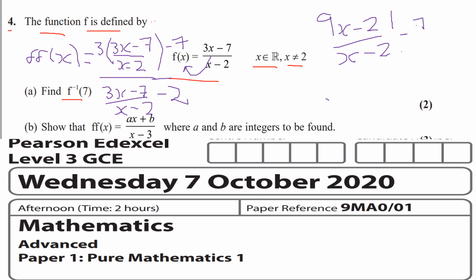But I'm going to write that 7 as 7 lots of x minus 2. If I'm not mistaken here, remember, we'll be adding negative 7 to minus 7 lots of this. So this actually becomes a positive here, becomes a positive here, and it will become clear why in a second.